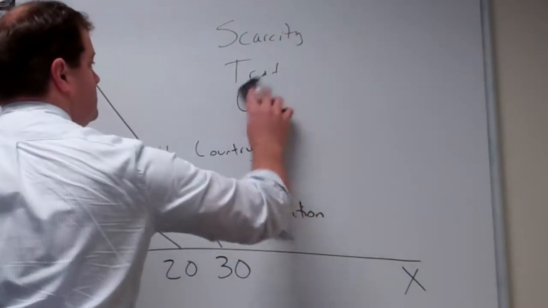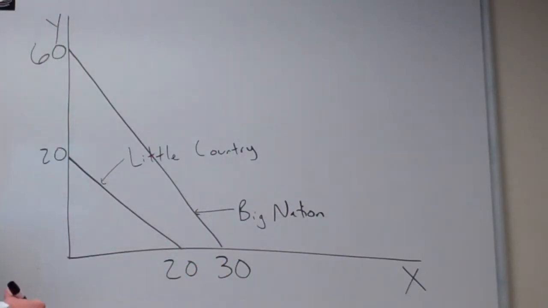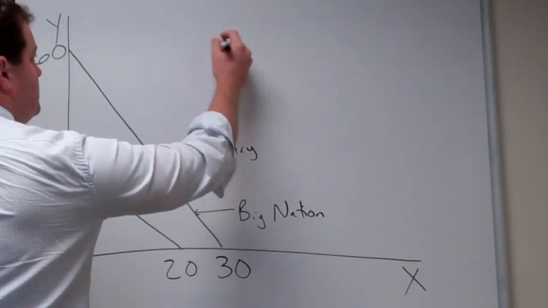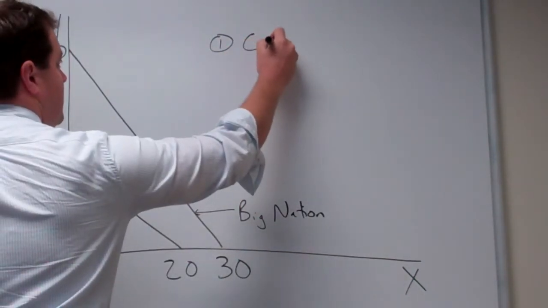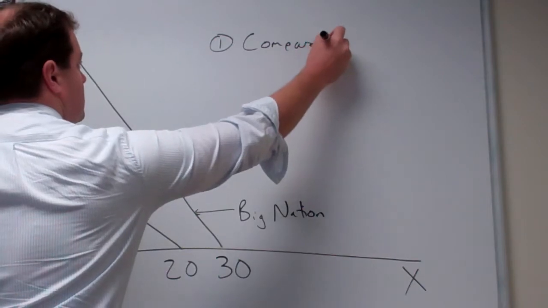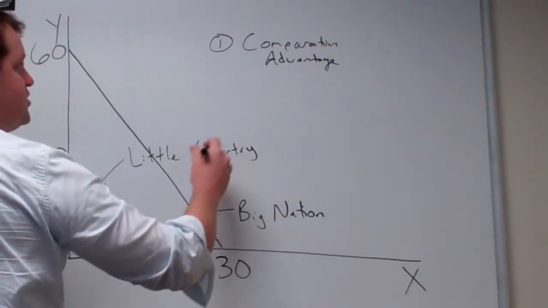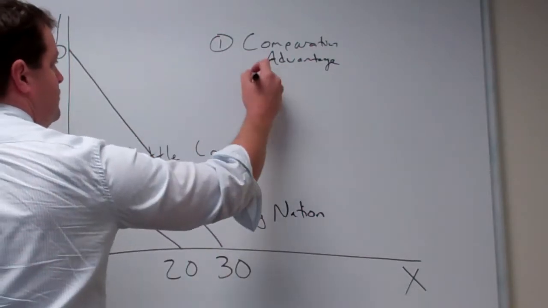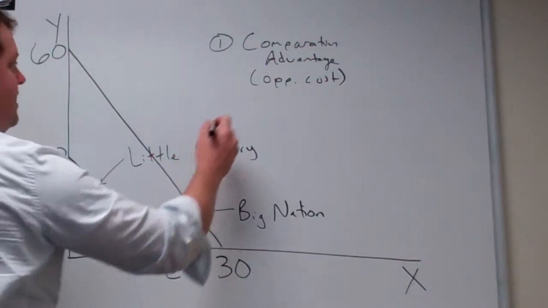So, with that in mind, what we're going to do is think about this in three steps. One, we're going to identify which country has what's called the comparative advantage in the production of X or Y. We're going to do that by calculating and comparing opportunity costs in both of these economies.